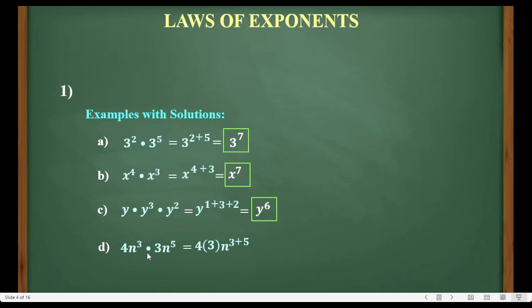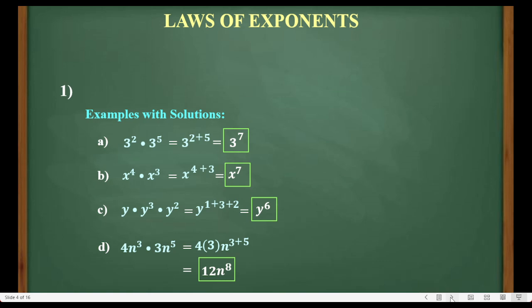Of course, we have the common base n, raised to the sum of 3 and 5. Then we simplify this resulting expression. We know that 4 times 3 is 12, and n raised to 3 plus 5 is n to the 8th. So the answer is 12n to the 8th.